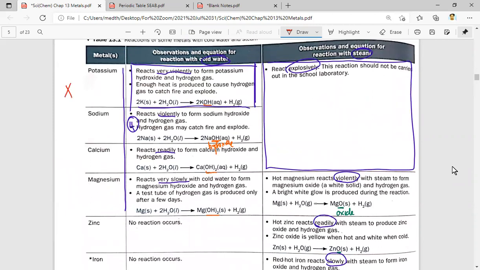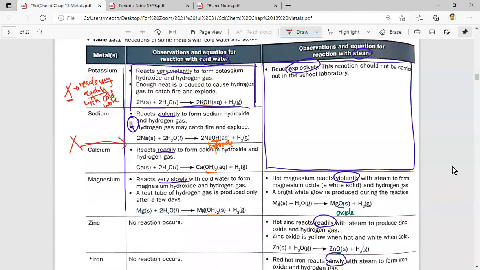Element X reacts very readily with cold water. Now you look at the description here: very violently, violently, readily, very slowly. Based on all this description and what I described X as, it reacts very readily, we know X must definitely be here, above calcium, because calcium is readily but X is very readily.